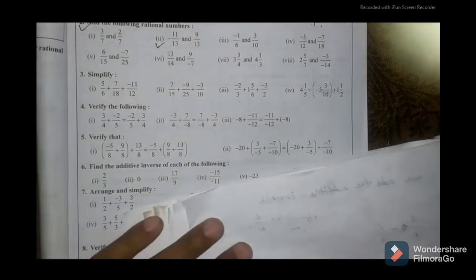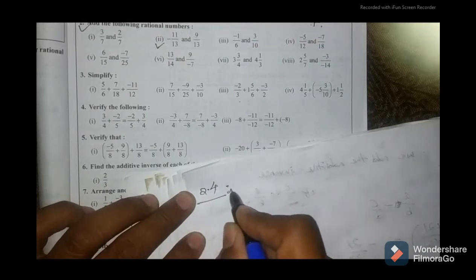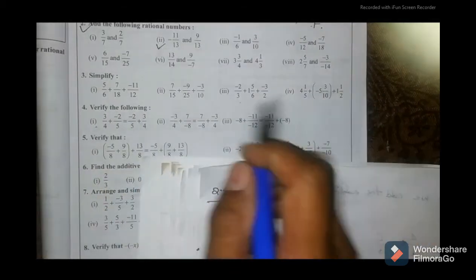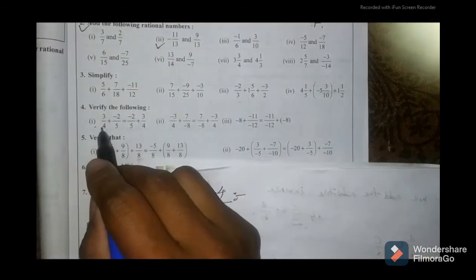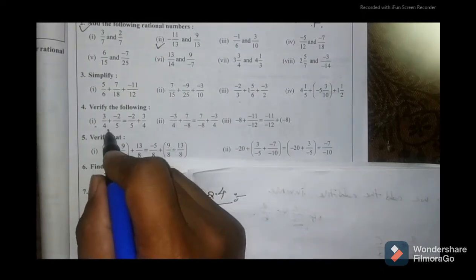Question number 4, verify the following. Now you see these questions are about the properties of rational numbers. This question is about the commutative property.